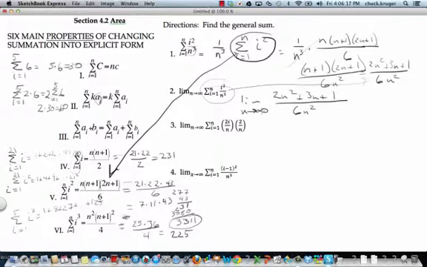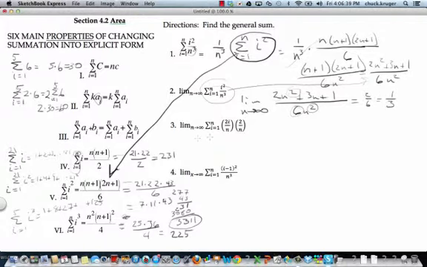As n goes to infinity, either positive or negative, I'm squaring, and here's my degree. Both of these are degrees of 2, and since the degrees are the same, the limit is going to be the ratio of the leading coefficients, which is 2 over 6. So the limit of that is 1/3 when I simplify.